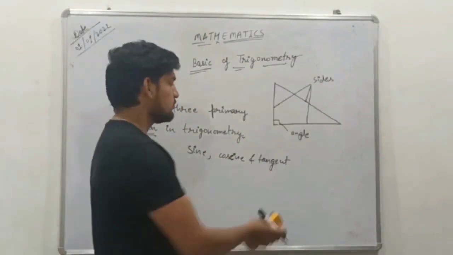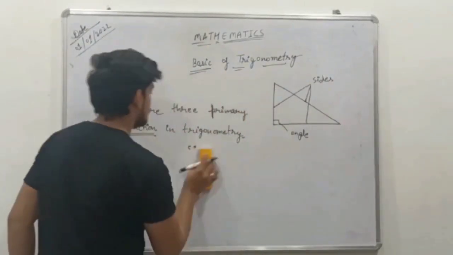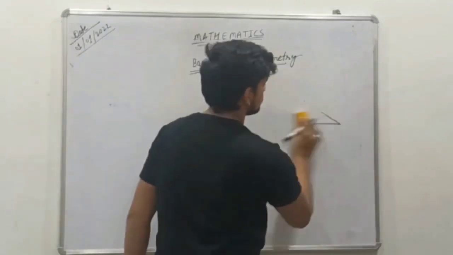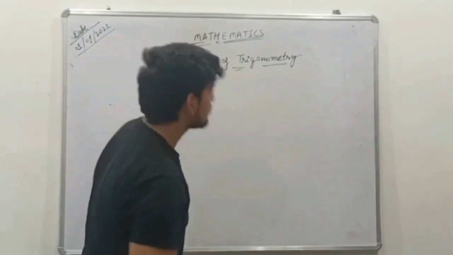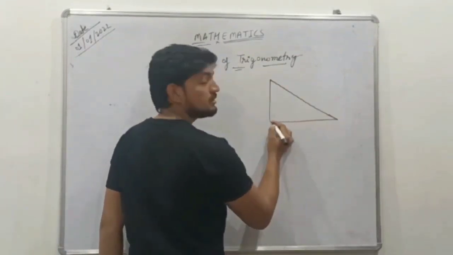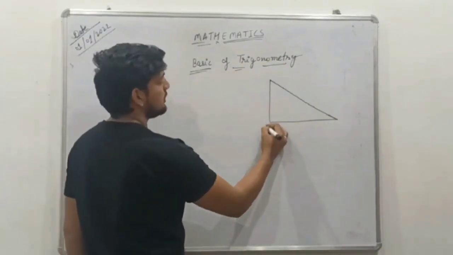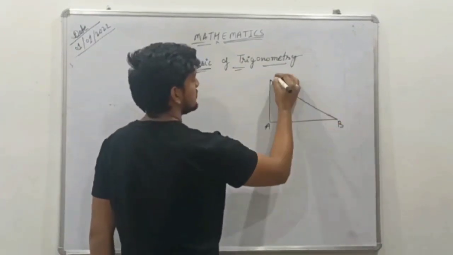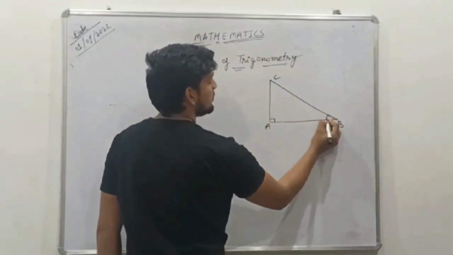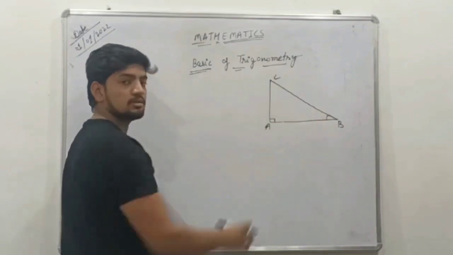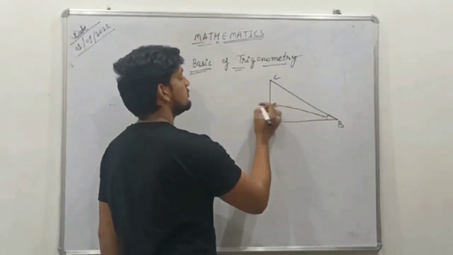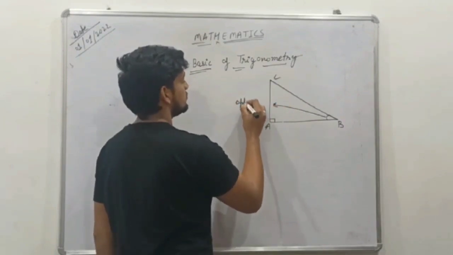Okay, now we talk about the functions. Let's say we have a triangle ABC, and angle A is the right angle, and we have another angle B. Then the side in front of the angle is called opposite.